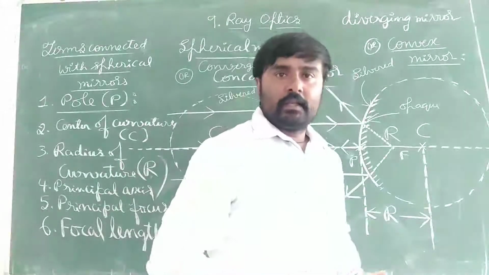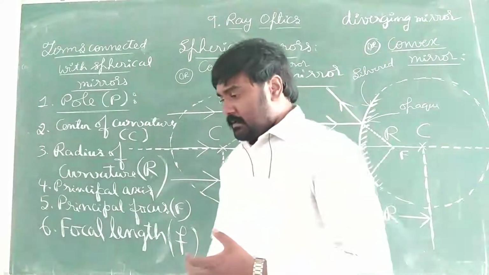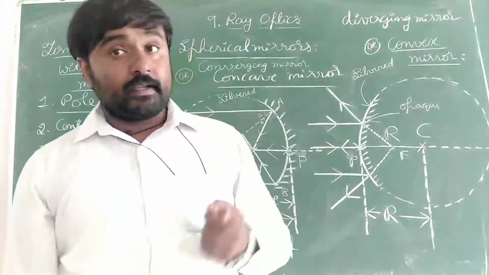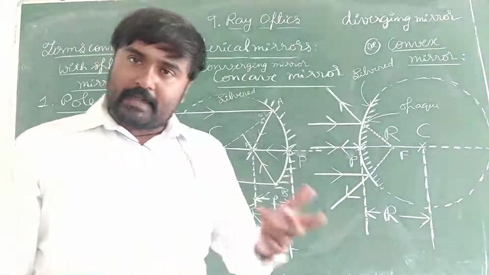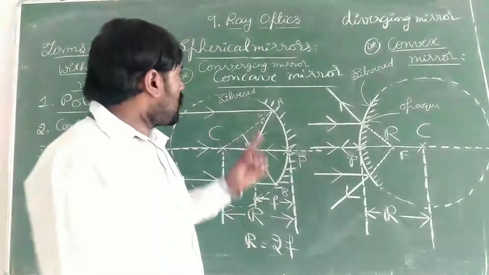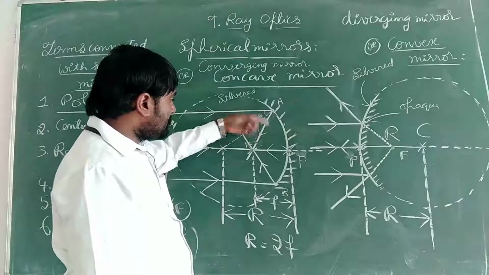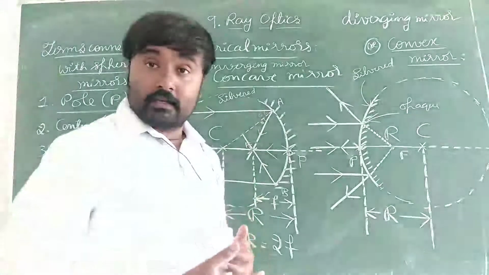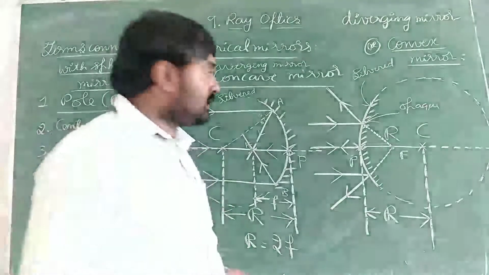The spherical mirror. What is the meaning of spherical mirror? A smooth reflecting spherical surface is a spherical mirror. It is of two types, concave and convex. Concave means the light gets reflected from inside the surface of a part of a hollow sphere; it is also called converging mirror because it converges the parallel beam of light.